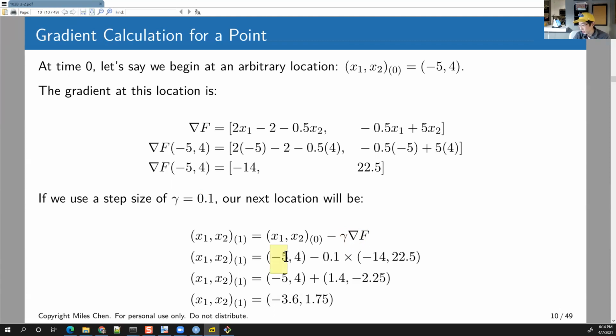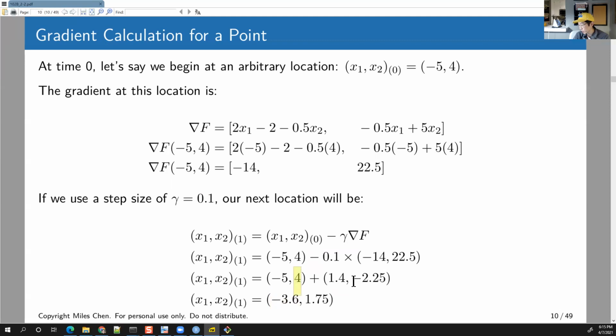Okay, so here we're going to do -5, 4, and then we're going to subtract 0.1 times the gradient here, which is -14, 22.5. So 0.1 times -14, 22.5 becomes -1.4 and 2.25, but I'm subtracting it. So I'm going to have -5 plus 1.4, which takes me to -3.6.